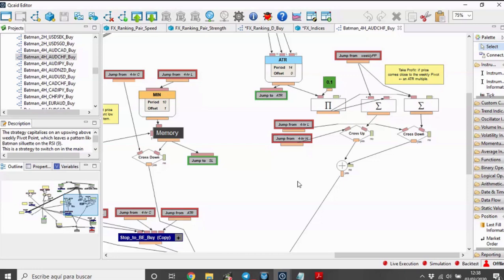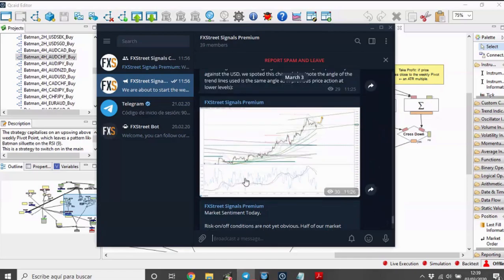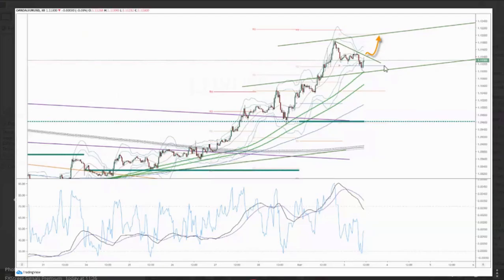Obviously, we control each of the single positions. For instance, we are monitoring the euro-dollar right now. It was trapped, just a couple of hours ago, in this area. We have several open trades right now.